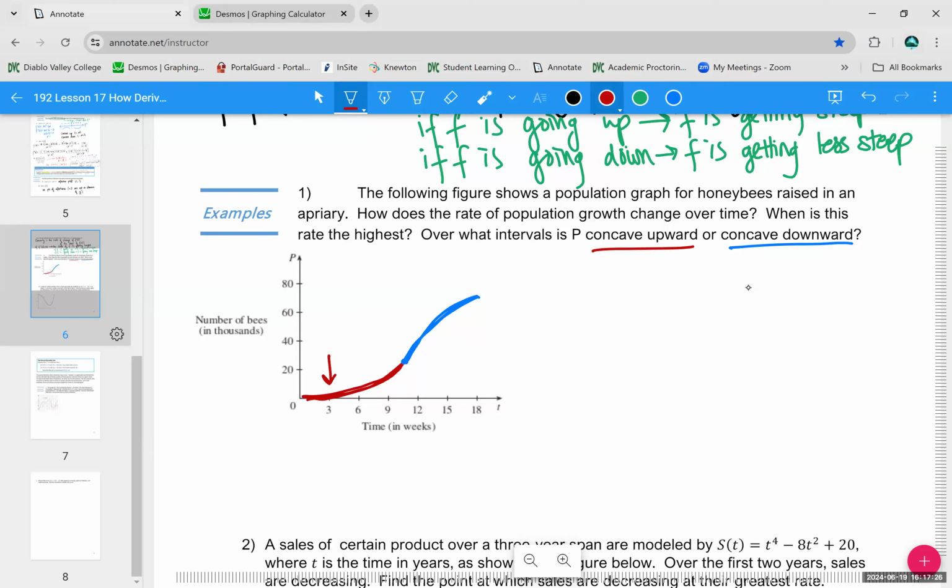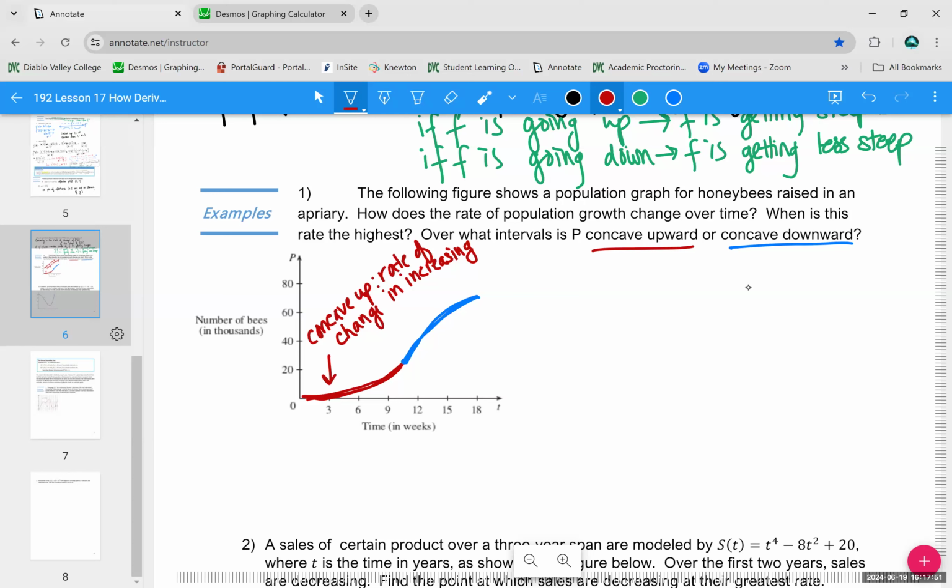So when it's concave up, that means that the rate of change is increasing. The derivative is increasing. The derivative is the change, the rate of change in the population over time.